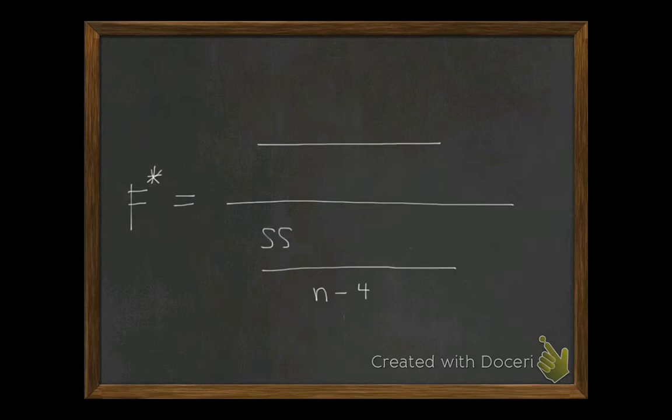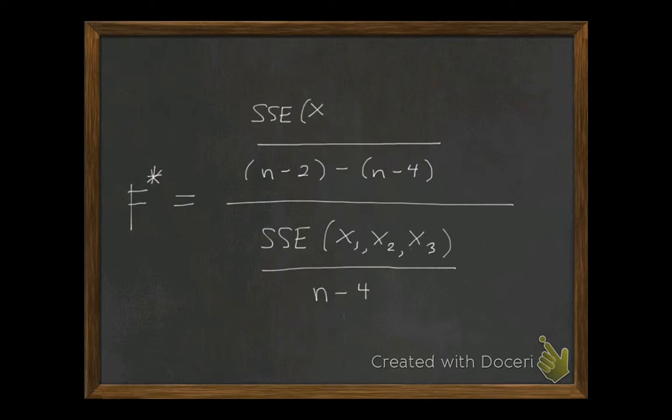And down here we're going to have the sum of squares error of the full model. And degrees of freedom would be n minus 2 minus n minus 4. And the sum of squares for the error will be that of x1 minus the sum of squares for the error for the full model.